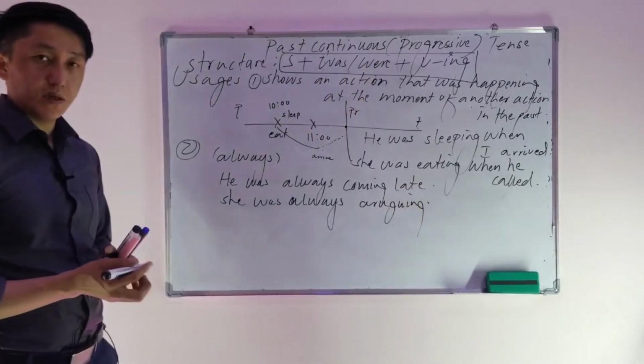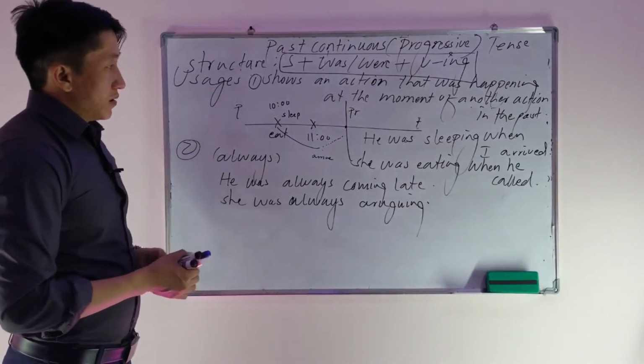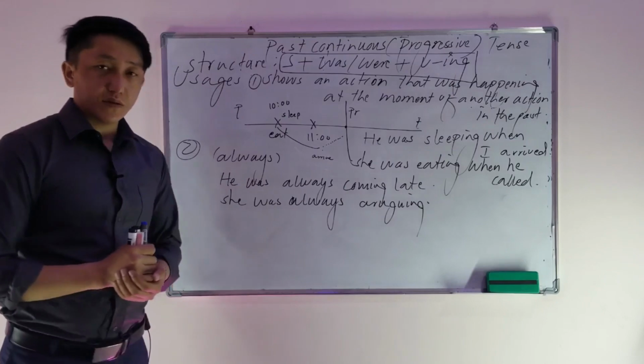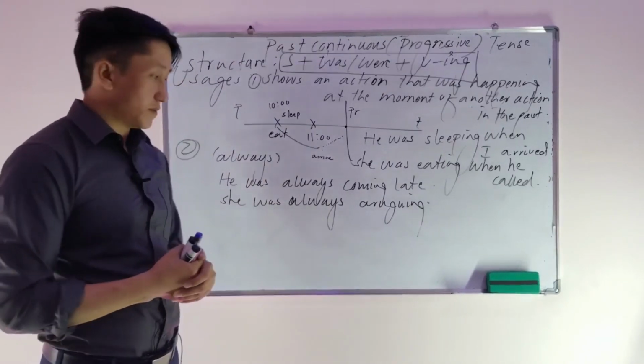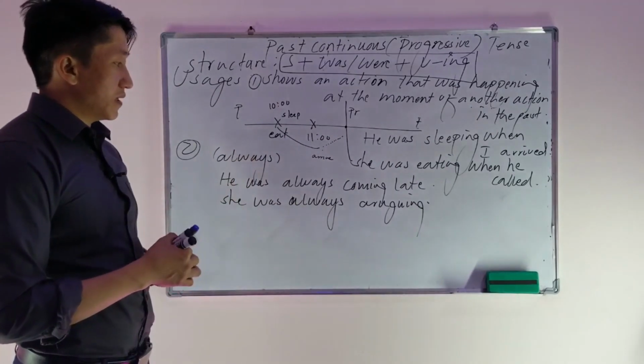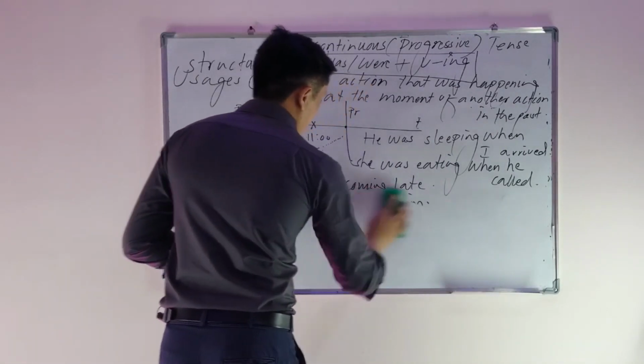In the past, we also used past continuous tense. So this is the most important definition. It talks about an action that was happening at the moment of another action in the past. We can use past continuous tense, and we can also use it with always and sometimes with other things.